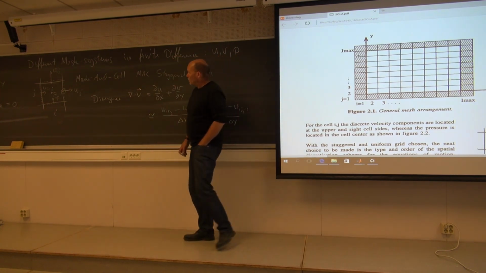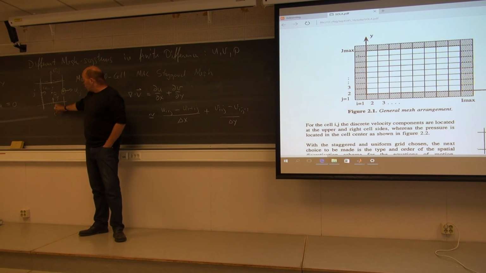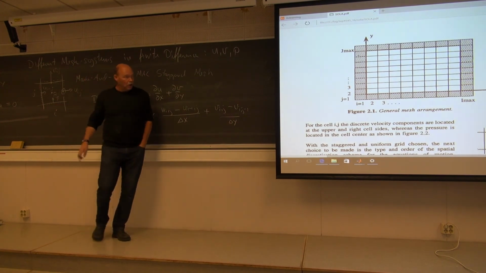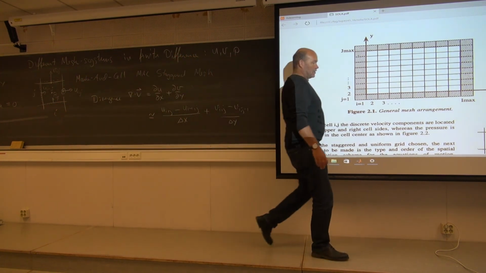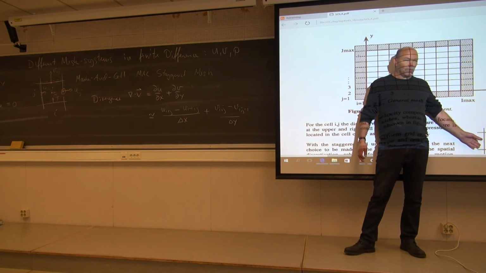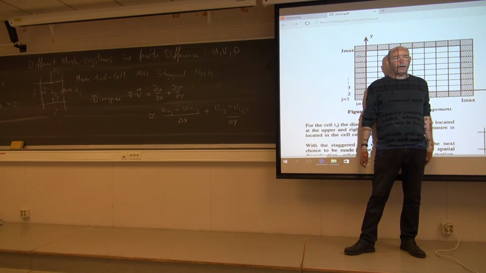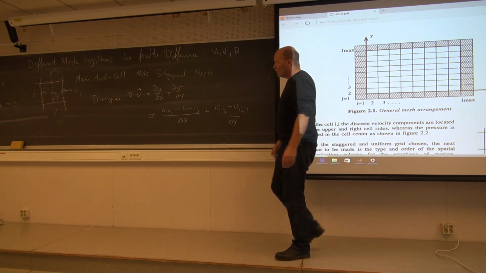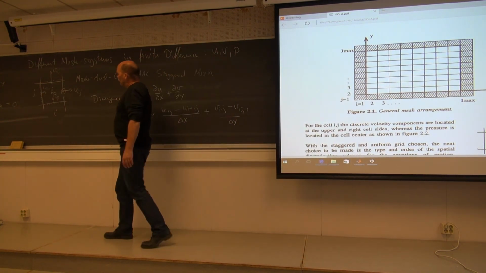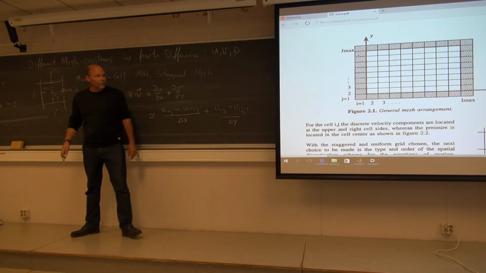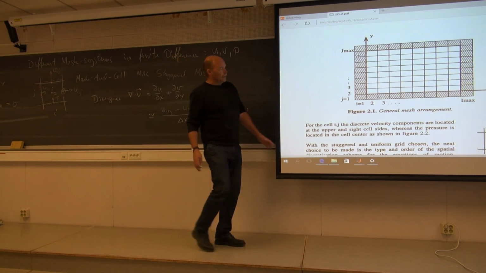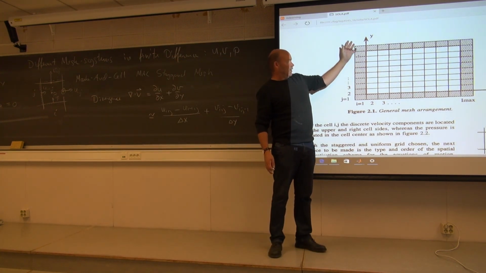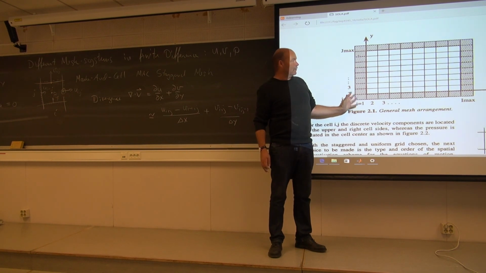So the MAC, marker and cell, staggered system is this one. And of course, this is definitely something you need to have in front of you when you are going to reprogram the Sola code. So you need this one, and you also need this total computational domain.